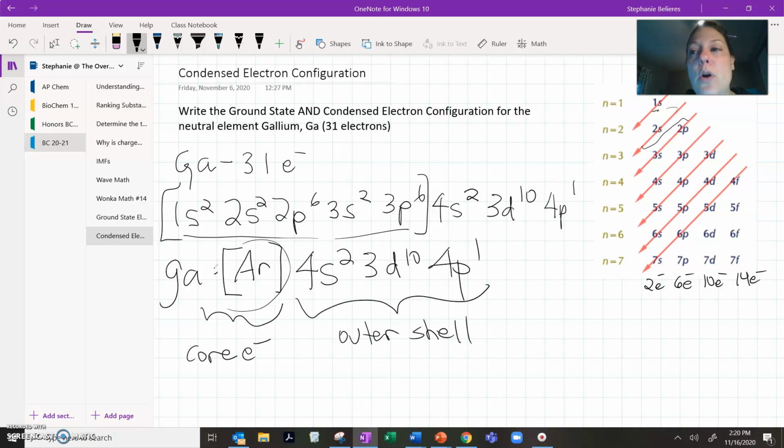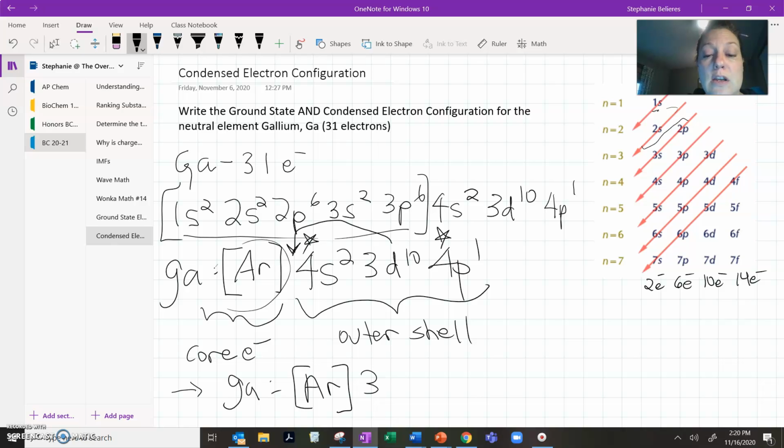It's important to note that the valence electrons are only going to be the highest number s and p electrons. So I'm going to reorder this, and this is what you are going to do. I'm going to put this 3d before this. I'm going to rewrite this, and this will be your final answer.